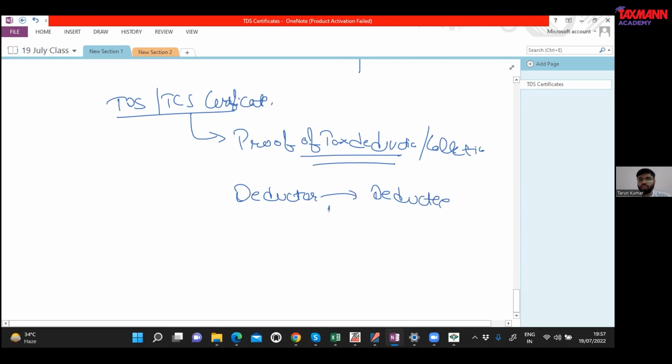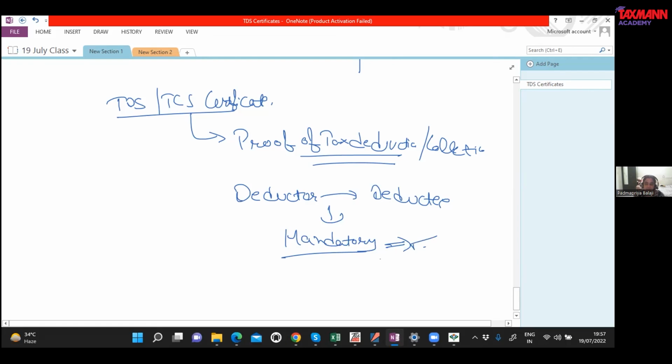It is not the choice of the deductor to issue; it is mandatory for him to issue the TDS certificate, because it is the proof for the deductee on the basis of which they can claim this tax credit in their income tax return. So it is a mandatory component.